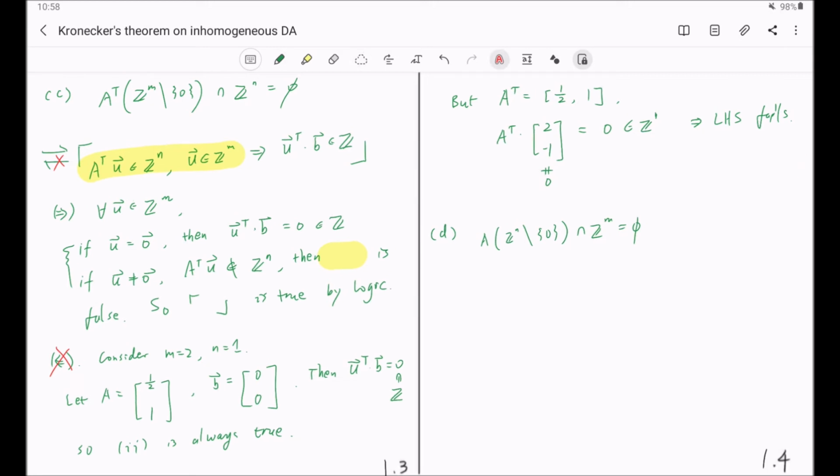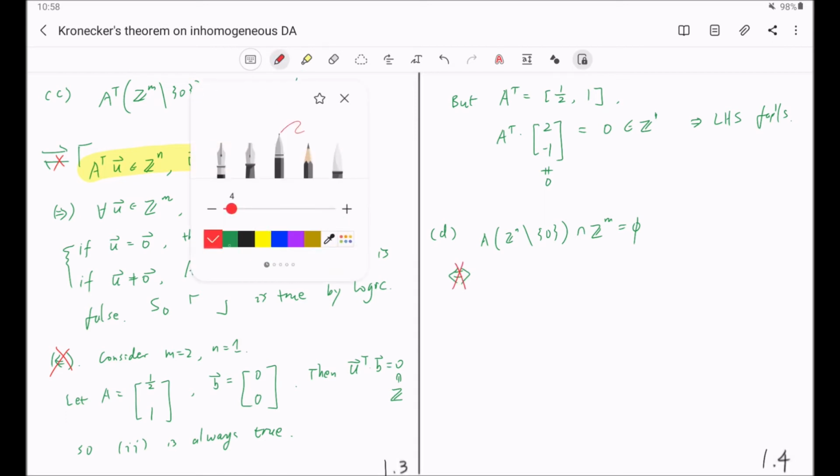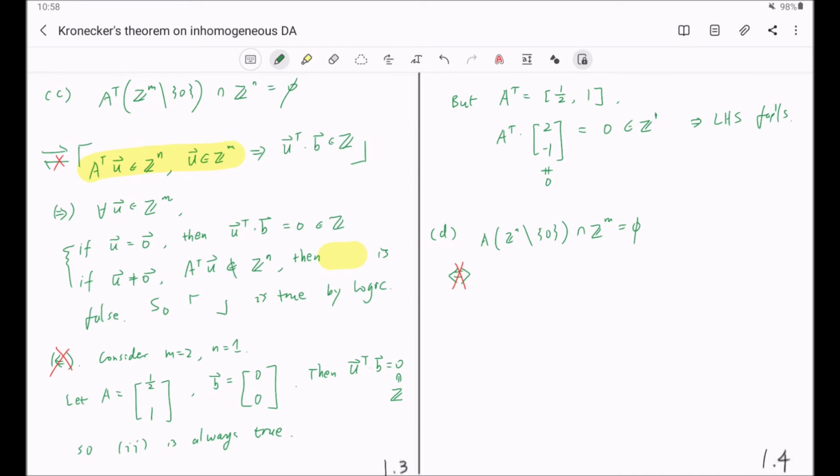Let me first explain to you why this statement is not equivalent to this statement that uses AT. So this is not equivalent to AT applied to Zm minus 0 intersection Zn equal to empty.